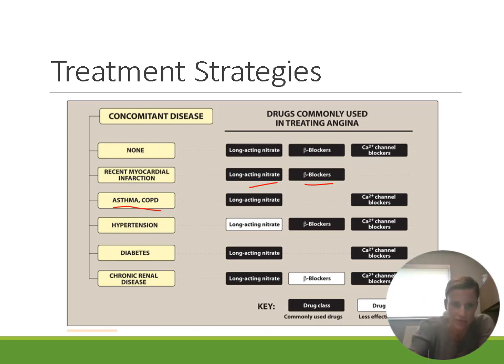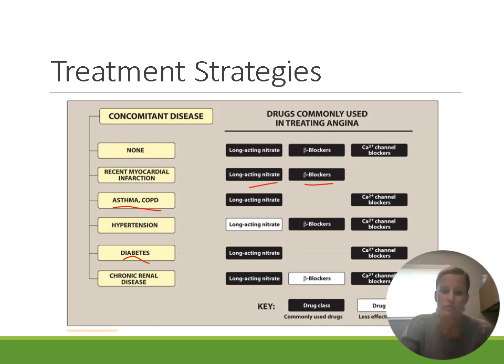You guys can kind of read through the rest of this. Same thing with diabetes, beta blockers can be problematic in diabetic patients. They can block, especially in type 1 diabetics, most of the signs of hypoglycemia, so that can be problematic.